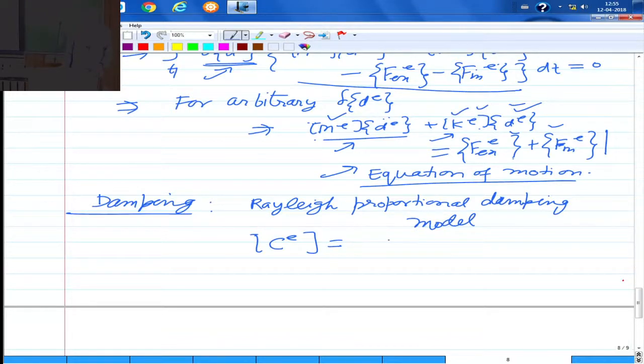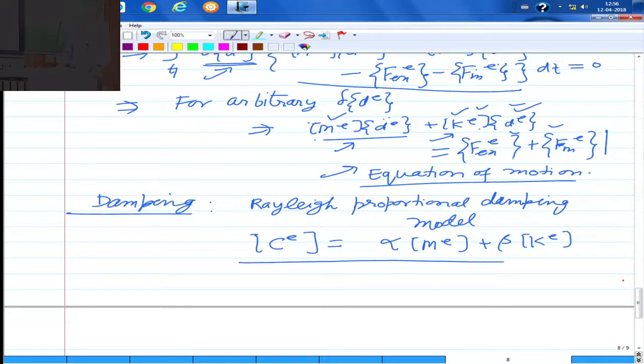So maybe some coefficient alpha times mass matrix of the element plus beta times stiffness matrix of the element, where alpha and beta are constants usually determined based on the experimental data on damping. If you do experimental determination of the damping factor, then you can find out this alpha and beta in terms of that. So this is usually what you do.